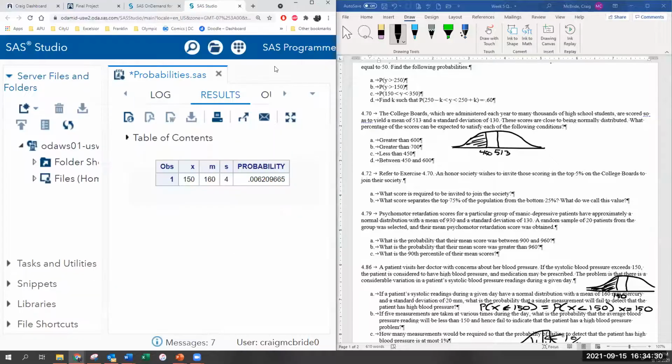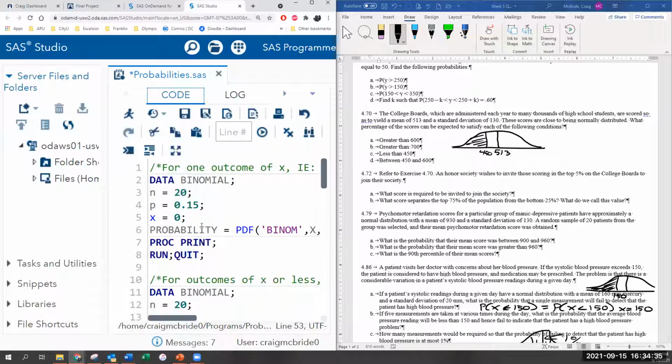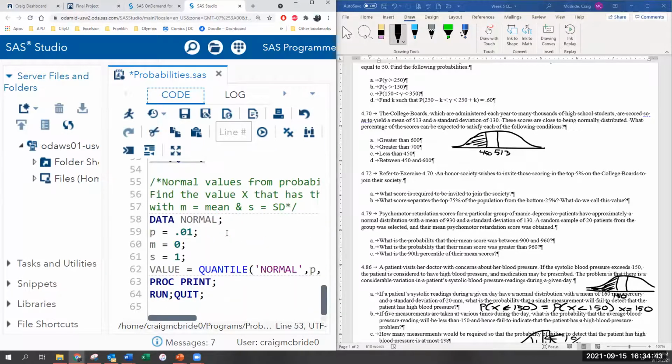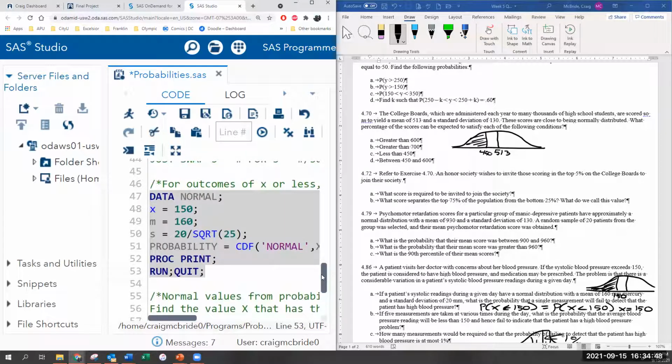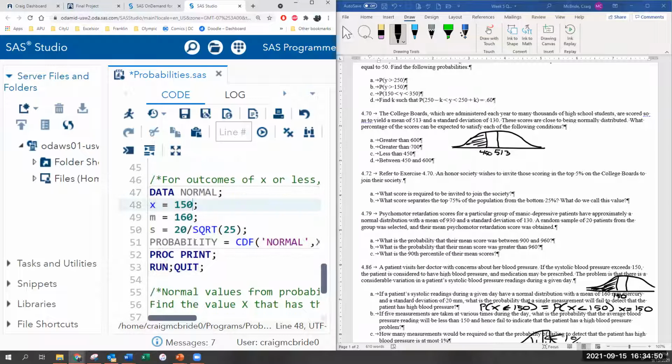So we've drawn a picture and we know what we're supposed to get, or at least it's supposed to be less than 50%. We're looking for area below something, which is exactly what the CDF gives us. So we don't have to do any manipulations of our answer. What we get is what we need. All we have to do is fill in the bits and pieces.